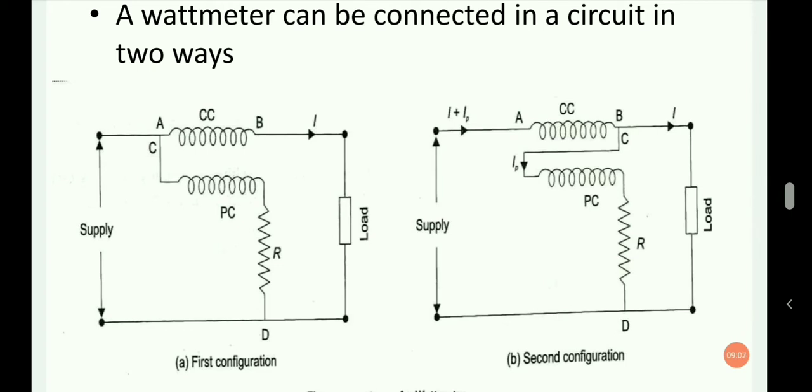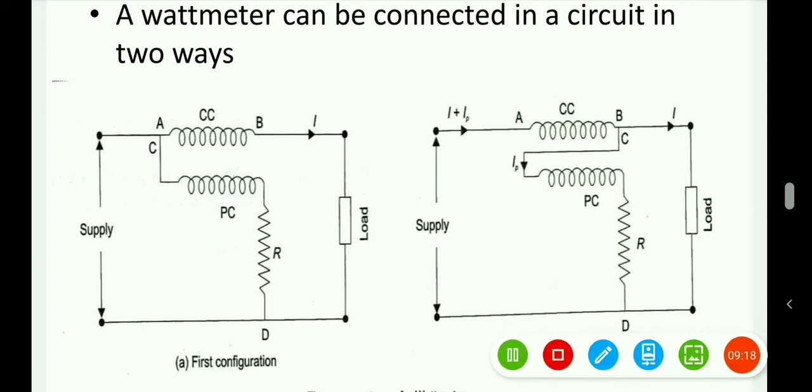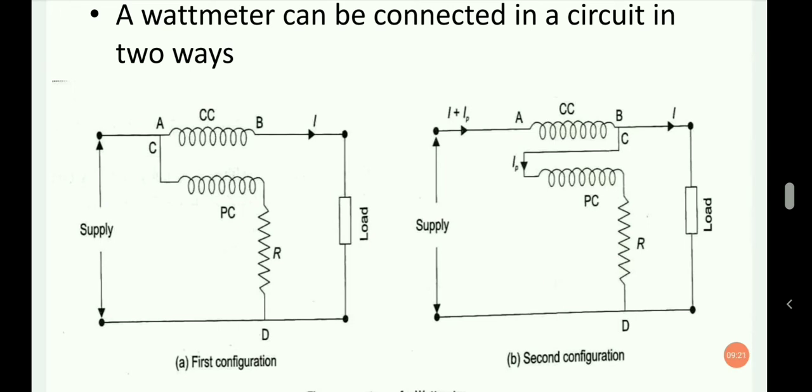If the power loss is neglected, then the two types of connections can be used according to different applications. Figure A, that is the first configuration, is appropriate for small current connections, while the second, figure B, that is the second configuration, is suitable for applications where large current connections are made.